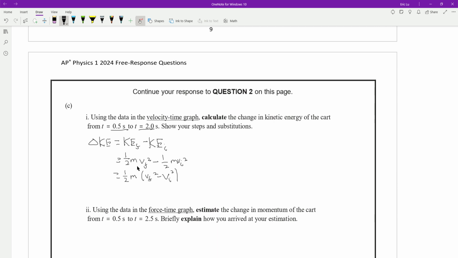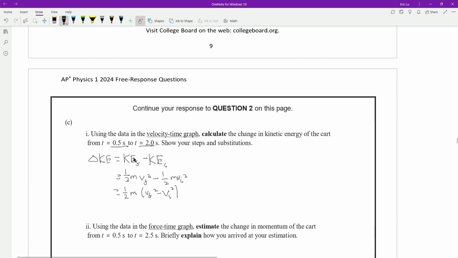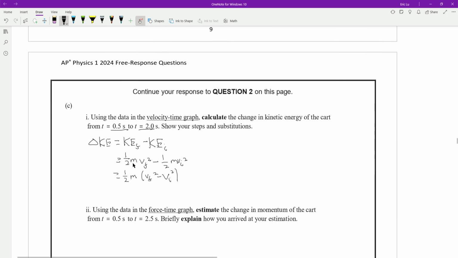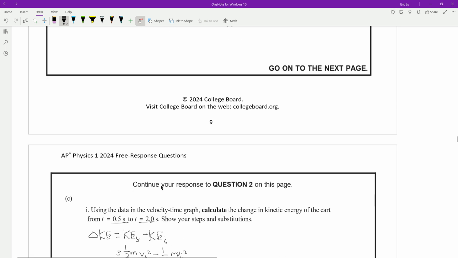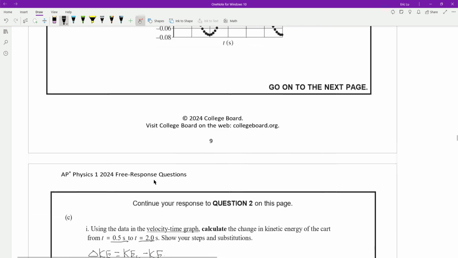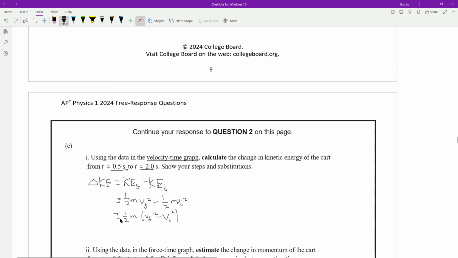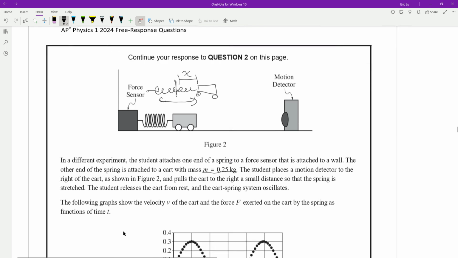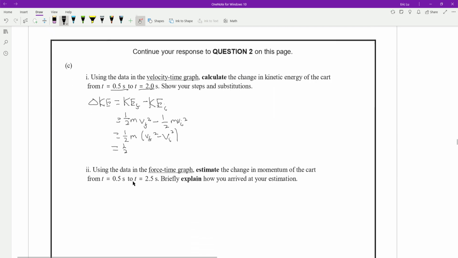And I do this because I want to reduce the possibility of error when I'm typing this into my calculator, because I don't have to type m 2 times. So always reduce your equations before substituting real numbers in it. So now we can plug in real numbers. 1 over 2. The mass is equal to 0.25 kilograms.